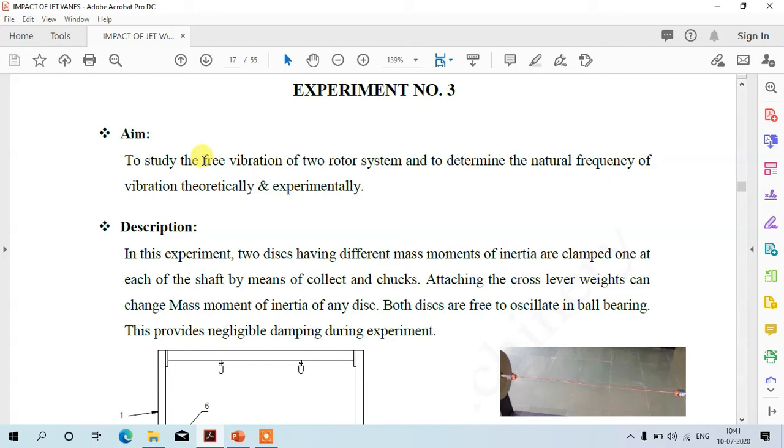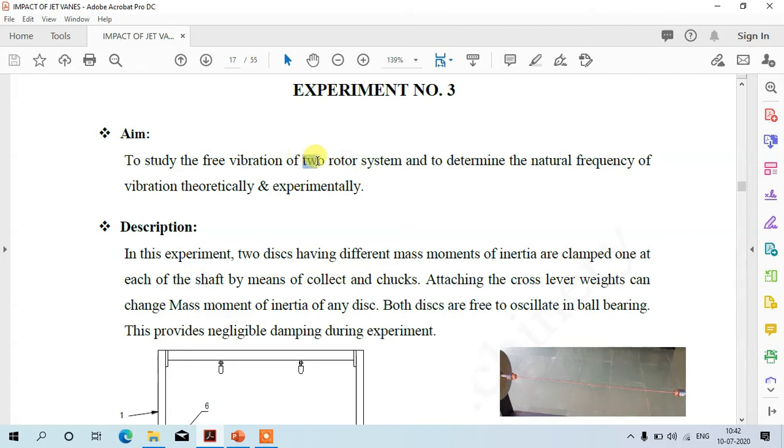Free vibration means we give a force just at the beginning of the experiment to make the system unbalanced. First we apply force and then we release the system, and the system will vibrate on its own. That kind of vibration is called free vibration.